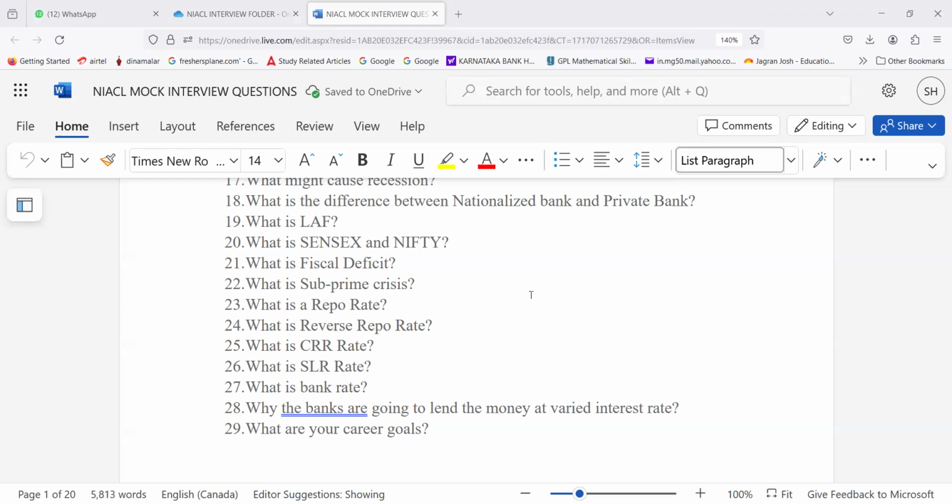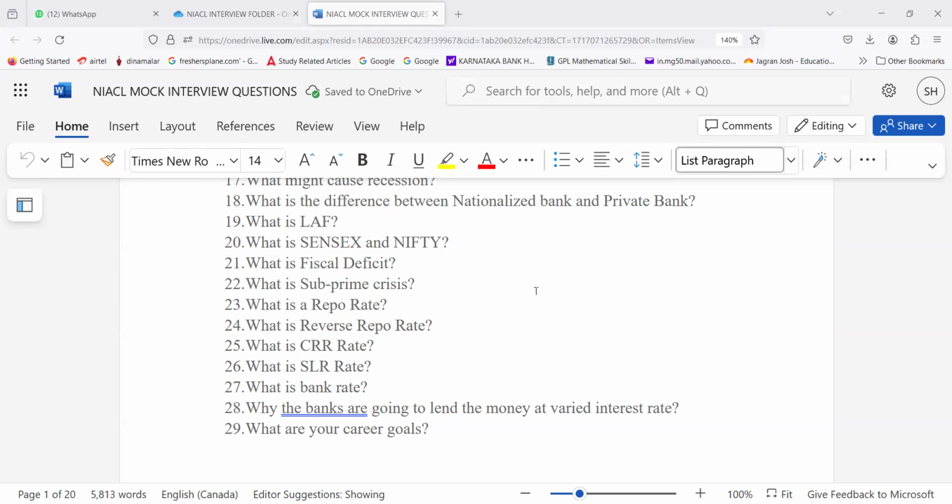Out of these questions, question number 22 is irrelevant now, because that was relevant only during 2008, when America was undergoing a lot of crisis in the stock exchange. In America, what happened? People were given loans very liberally. That resulted in a lot of NPA.